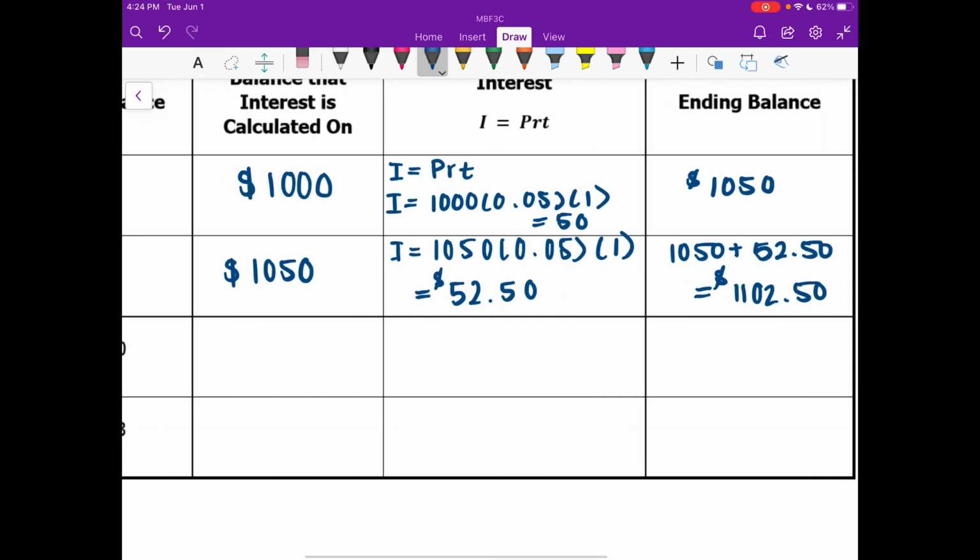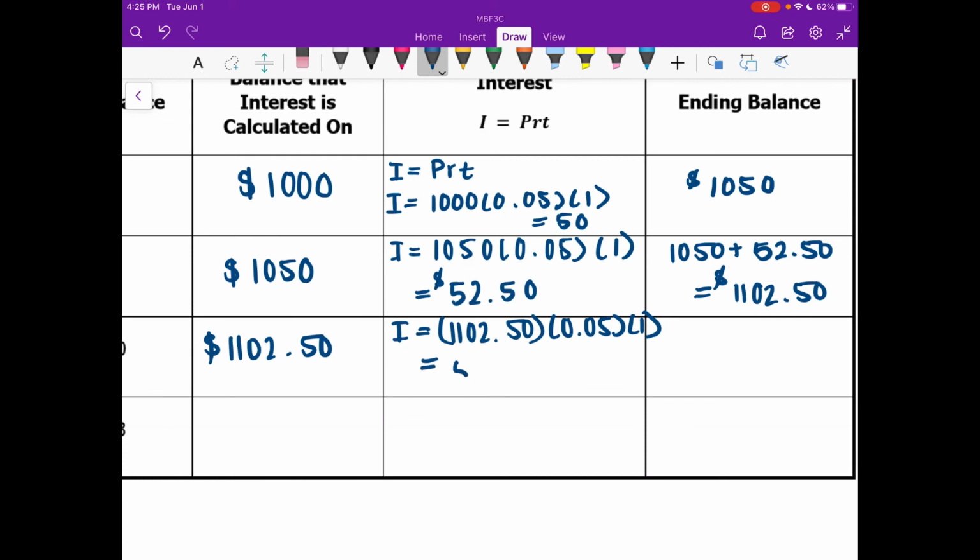So now we're going to take this 1102.50. That's what our new interest is going to be calculated on. So now we're going to do I is equal to 1102.50 multiplied by 0.05, and it's still only 1 year because you reinvested it.